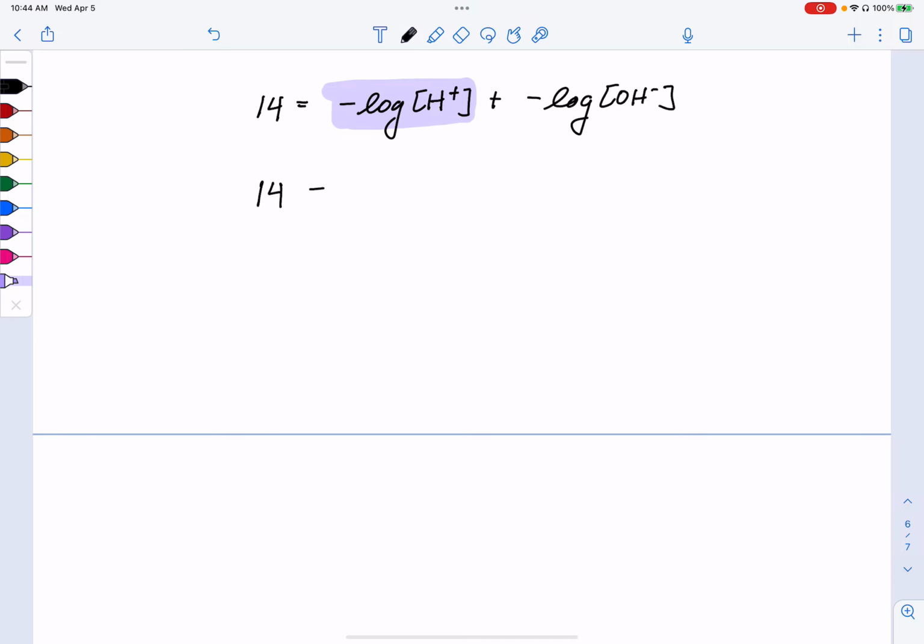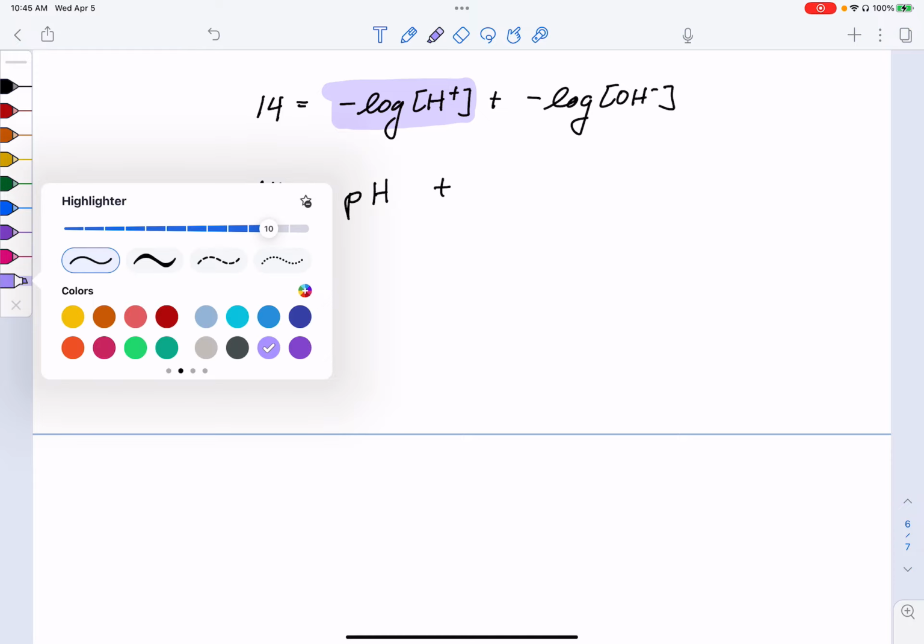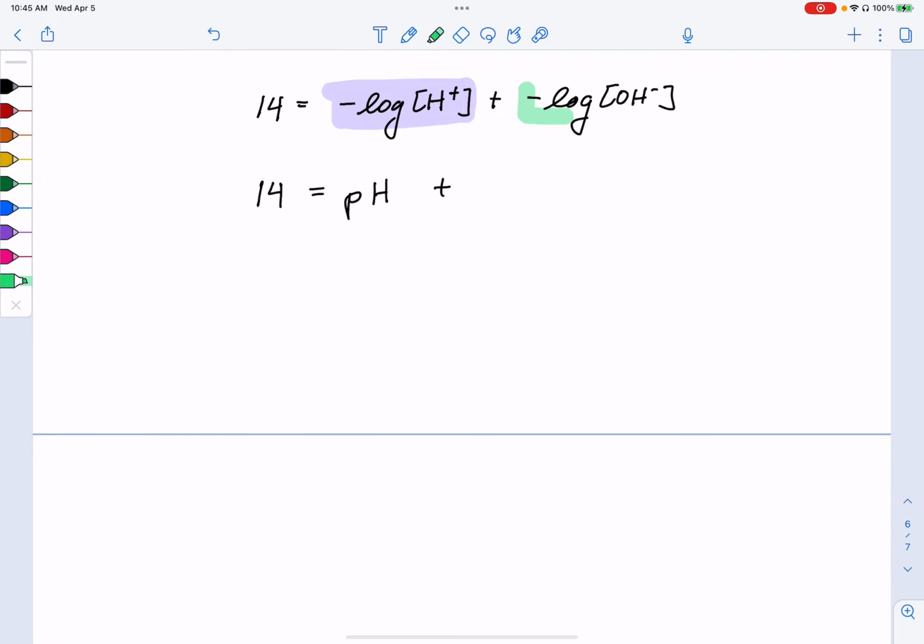So I have 14 is equal to pH plus, and oh, hey, something else is going on here. The negative log of concentration hydroxide is what you and I call pOH. And so we have now derived where on earth this relationship comes from. It comes from water and its equilibrium or autoionization constant, its Kw constant.